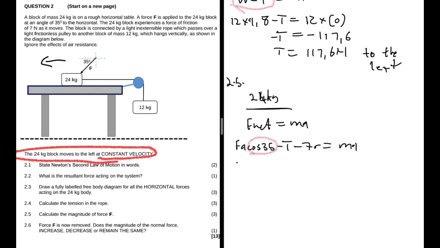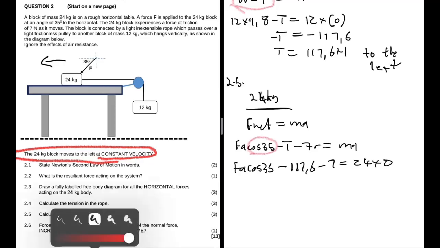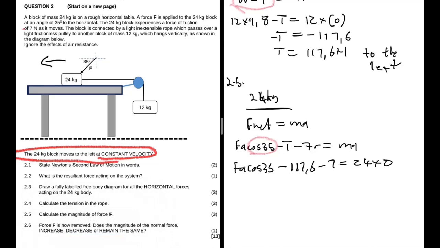So it will be Fa cos of 35 minus 117.6, our tension, and then minus 7 is equal to 24 multiplied by 0. Why am I saying minus 7? Look here, we are told that the frictional force is 7 Newton, right?